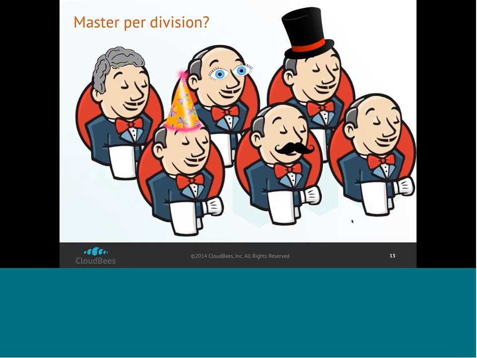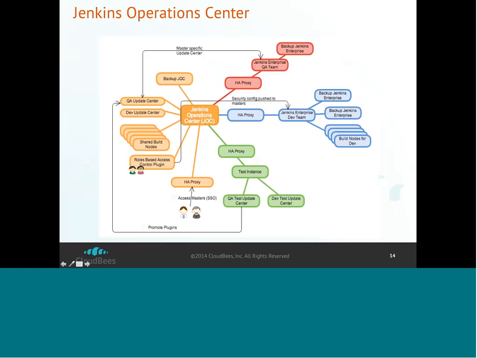In a single master setup, roles combined with folders can provide the desired isolation between divisions, while on a multi-master architecture, as shown here, you can combine the role-based isolation and permission restrictions offered by the role-based access control plugin with our Jenkins Operations Center product, shown here. This allows for strict enforcement of security settings across an entire organization's Jenkins masters, as well as the possibility of using single sign-on to navigate between these masters.